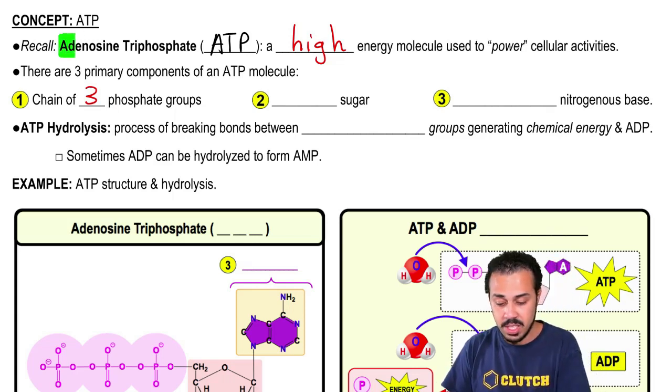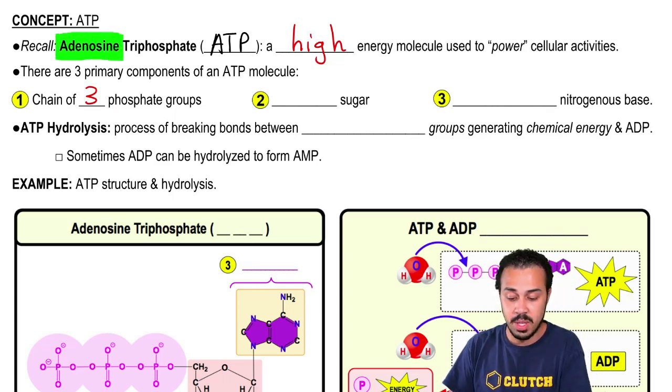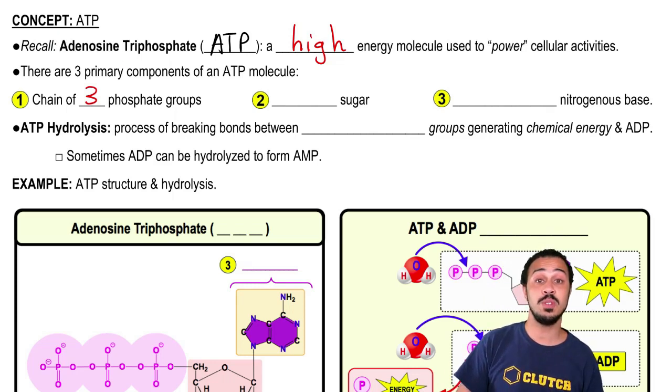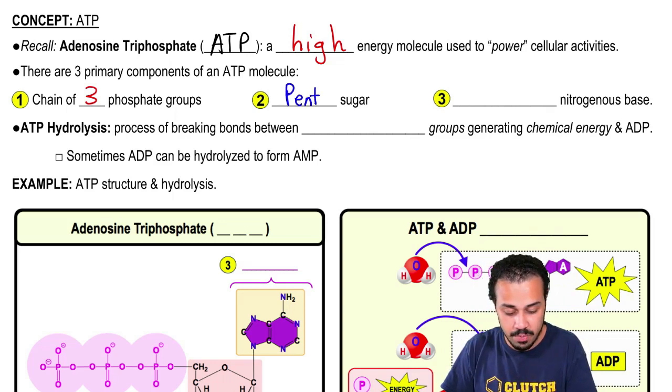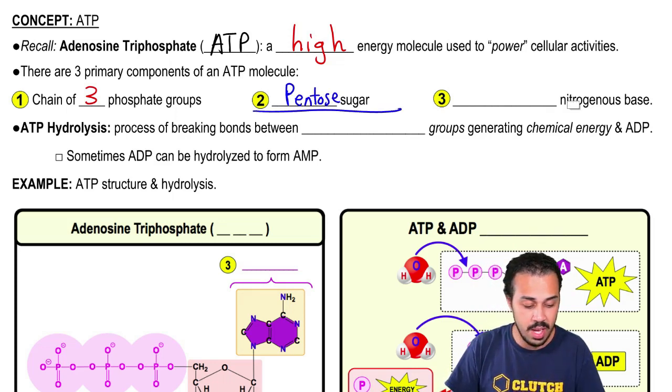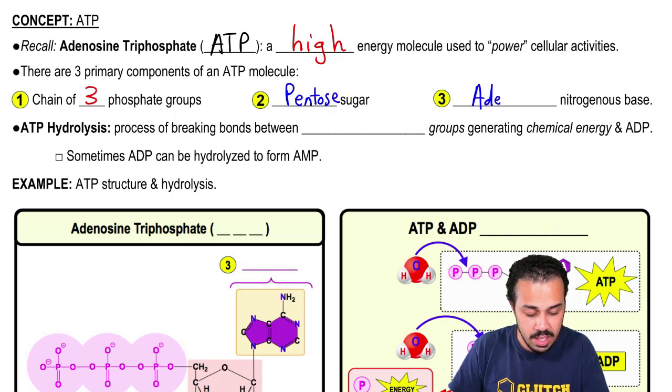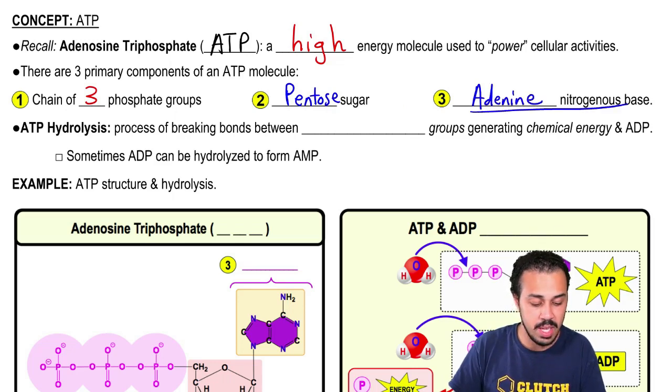Now, the adenosine part of ATP is referring to a molecule that actually has two components. It has a pentose sugar, and it also has an adenine nitrogenous base.